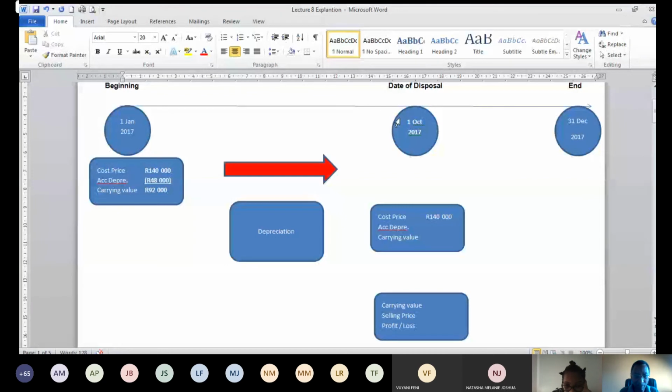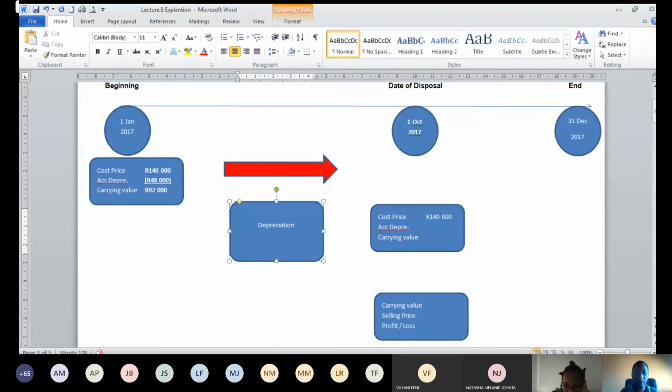That is a 9-month period. For that period that I've indicated there in the red, we have used the asset in the business. And for that period, there will be additional depreciation. So you must now calculate the additional depreciation for that period.